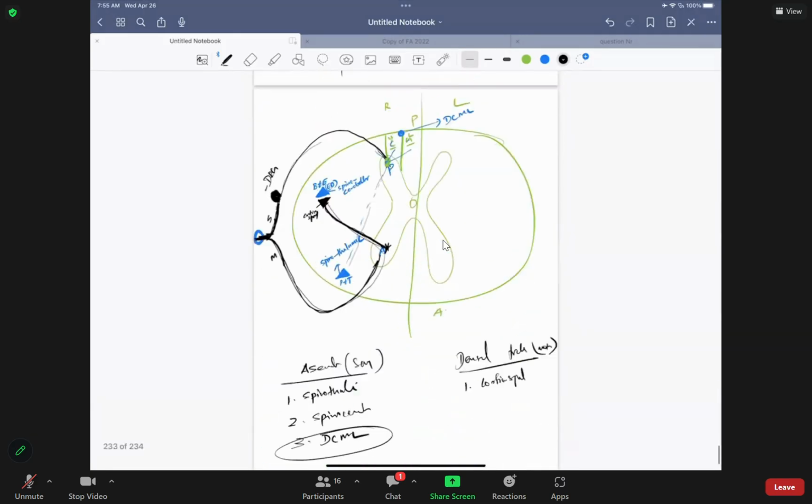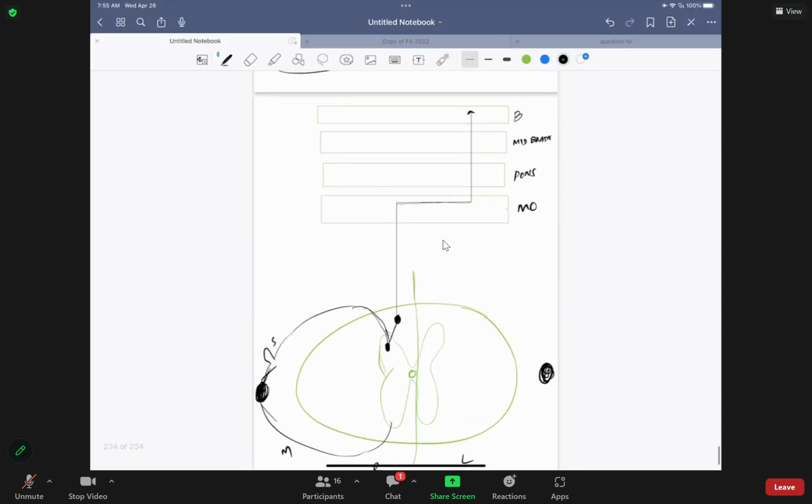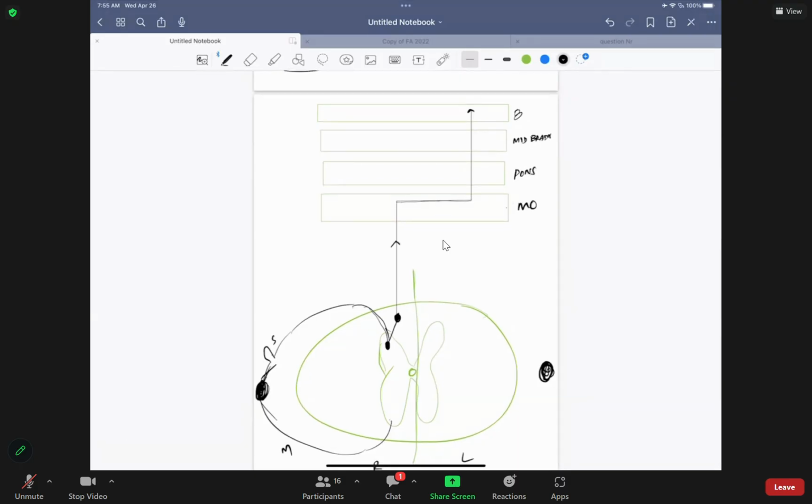So that's the dorsal column medial lemniscus pathway. Everybody clear, folks? So all my right side body sensation with that particular track goes to the left side of the brain. And the left side of the body will go to the right side of the brain. Clear, folks? So that's easy. The only thing I will pay attention to is that the track goes this way.